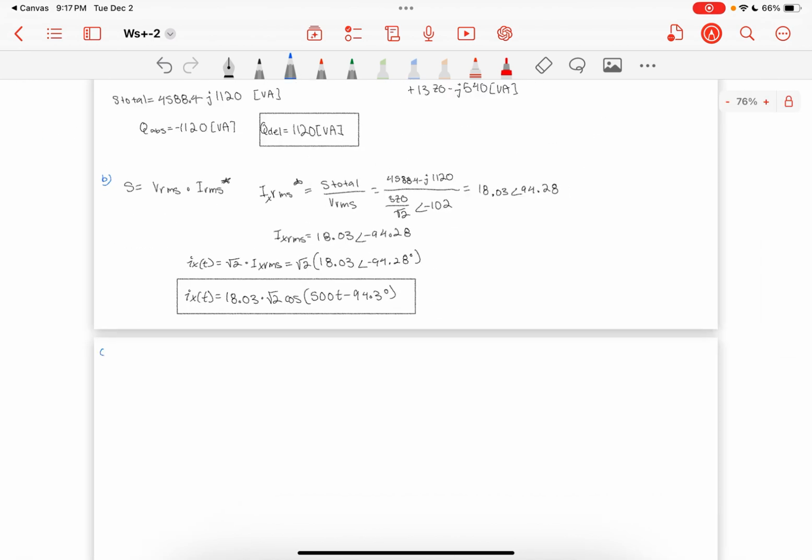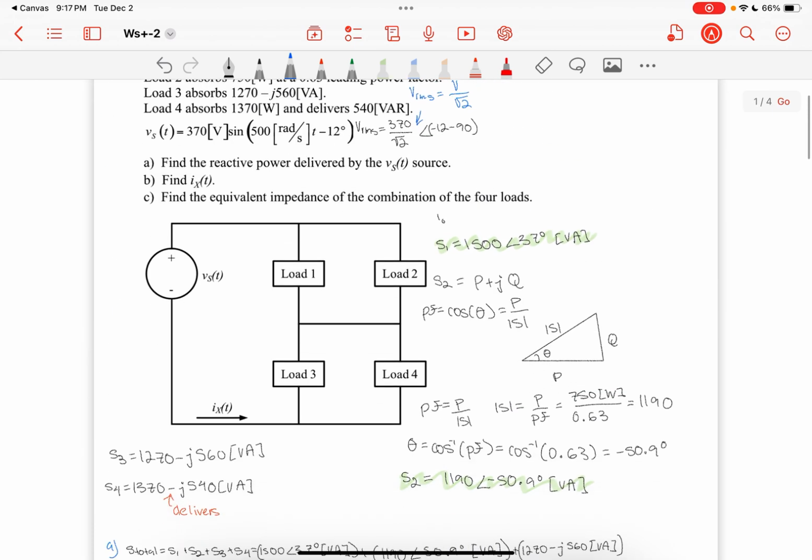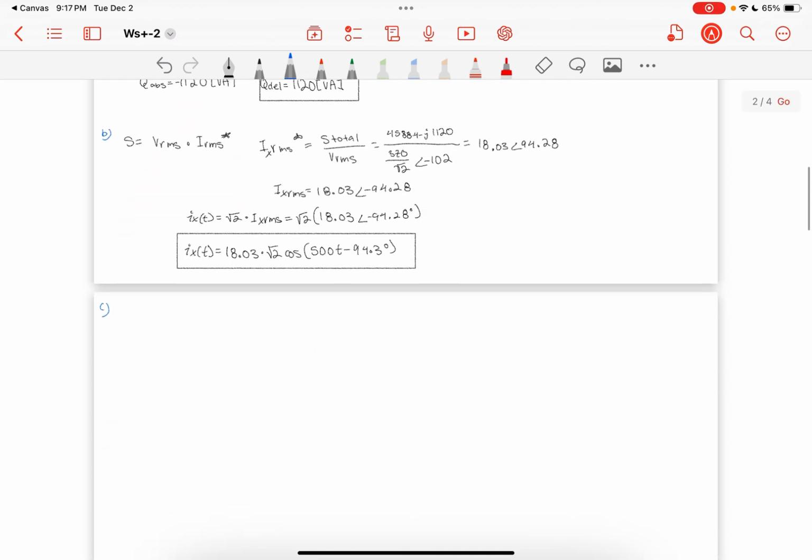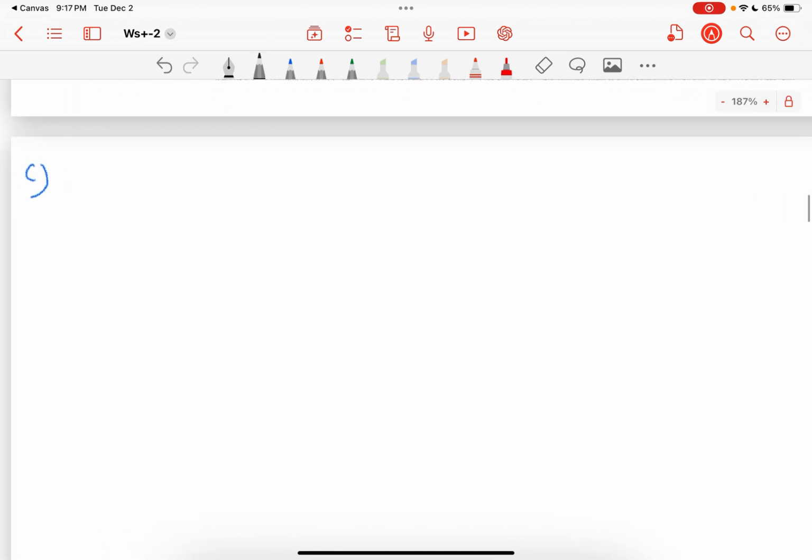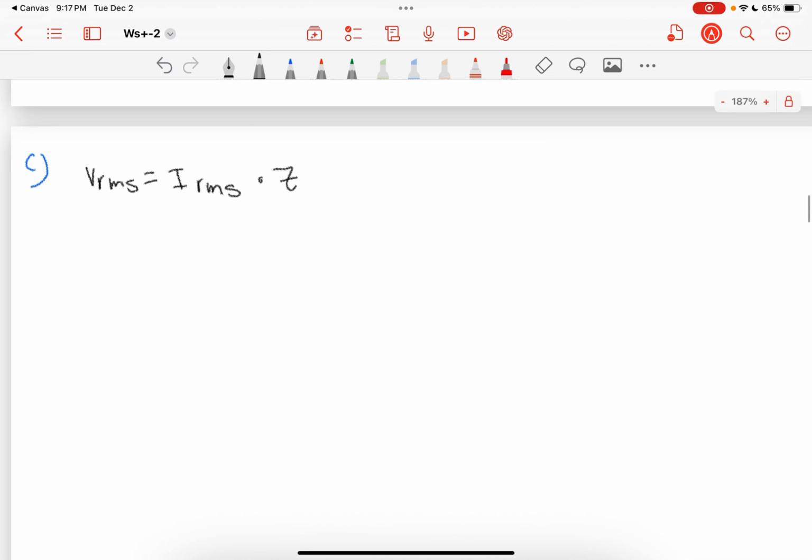And now for part C, we're asked to find the equivalent impedance of the combination of the 4 loads. There we can use the equation VRMS is equal to IRMS times Z. This is going to be the impedance. And then we just rearrange the equation. Z is equal to VRMS over IxRMS.